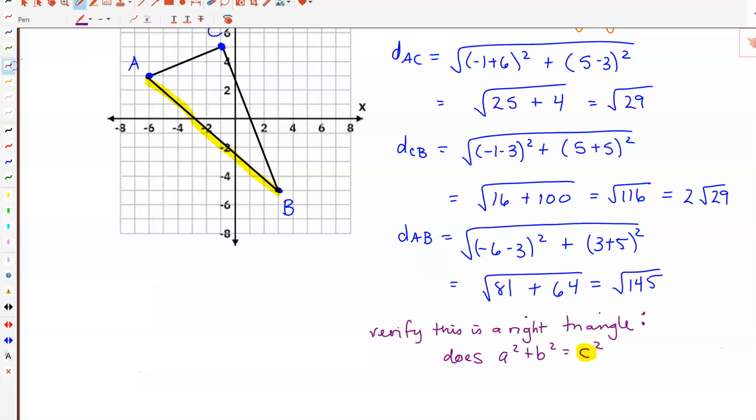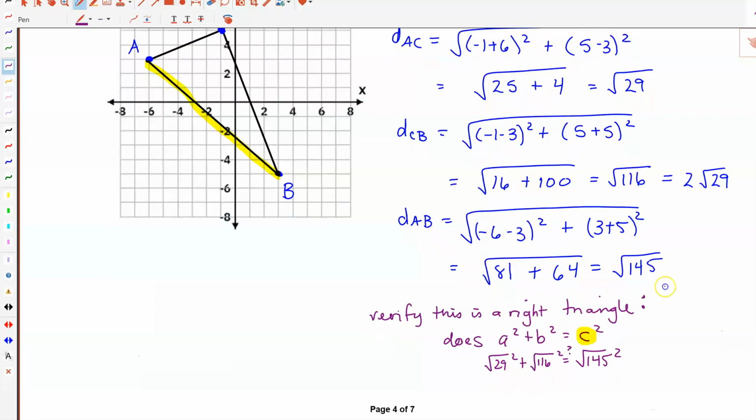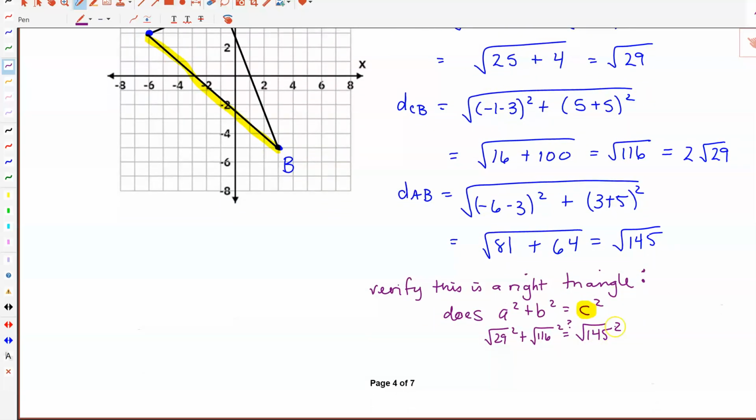So when I go to substitute this in, maybe I'll do that first so I don't forget that. The square root of 145 has to go over here for c. So then the other 2 distances go in for my leg lengths. And in this case, it might be easier just to use the unsimplified version of this. So I'm going to use the square root of 29 squared plus the square root of 116 squared. And I'm wondering, does that equal the square root of 145 squared?